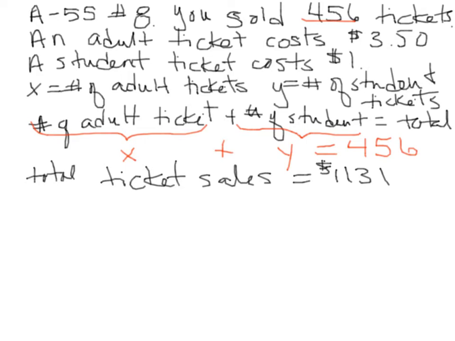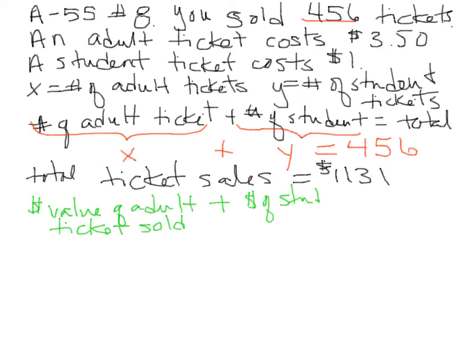We know the dollar value of adult tickets sold plus the dollar value of student tickets sold has to equal the total dollar value.